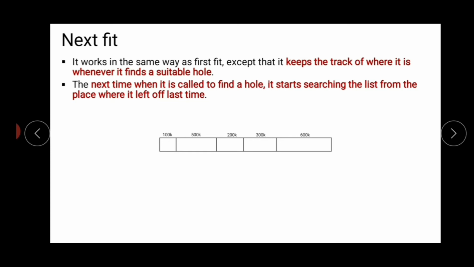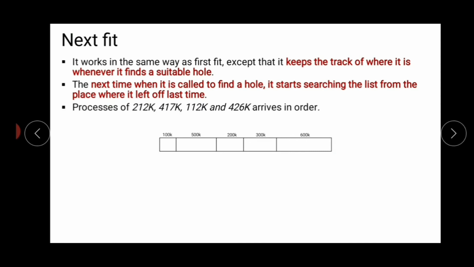If the first process comes into the picture, the searching will be started from the first point. Once the block is allocated, and suppose the next process comes into the picture, then the search will begin from that point. So this concept is known as next fit.